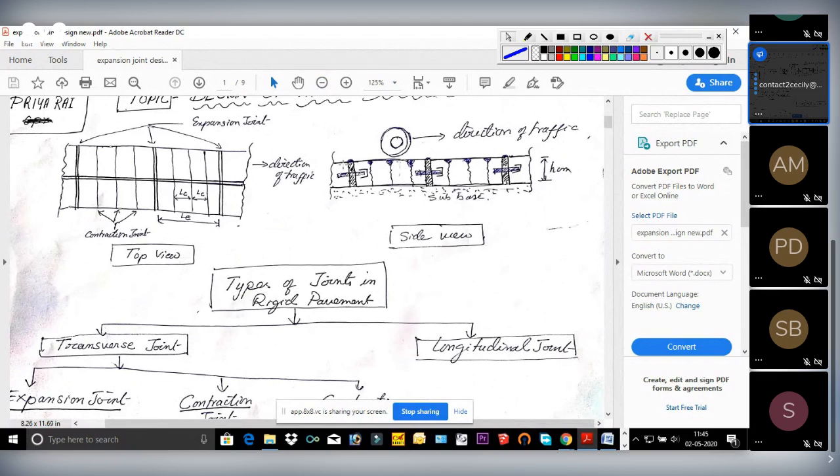So that during the hottest weather of the year, what happens? It tries to expand. Yes, during summer it tries to expand. So we must provide some gap so that this slab can freely move.